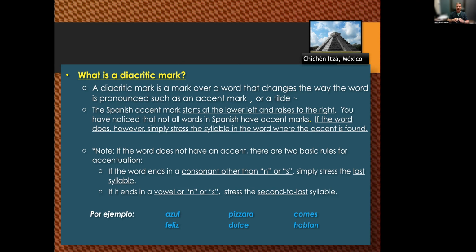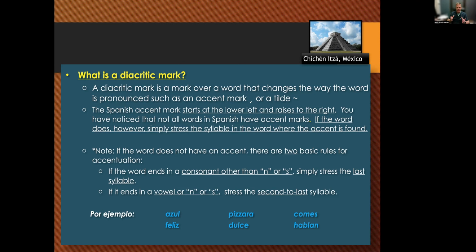So some examples I have here: azul. Azul ends in an L, which is a consonant other than N or S, and so the stress goes on that last syllable, azul. Feliz ends in a consonant other than N or S, so the accent goes on the last syllable.